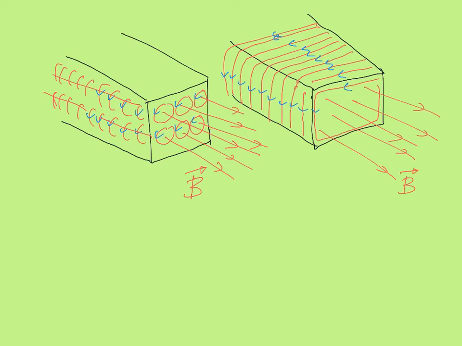So this is solely due to the atomic current. Here you have IA. Here also this current is IA in each of these atoms. Now suppose IA is the atomic current and alpha A is the atomic cross section, the cross section of each atom.